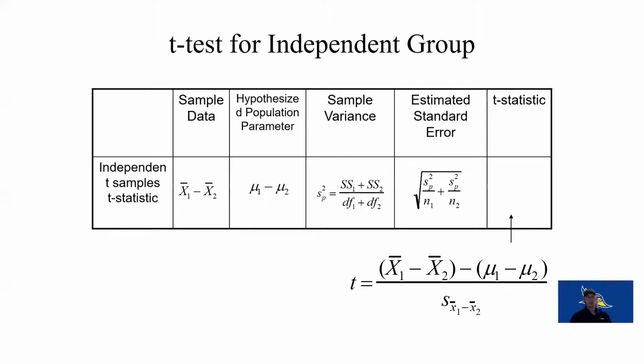And then our t-statistic is our sample difference minus our population difference, divided by our standard error of the difference. So we're saying that this difference divided by the error, the ratio of the difference to the error, will be greater than the t-statistic within the table.